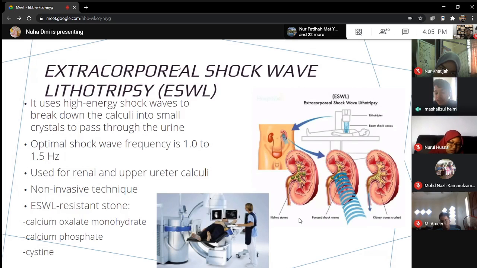It is a non-invasive technique, but some stones are resistant to this kind of intervention, such as calcium oxalate monohydrate, calcium phosphate, and cystine, because these stones have a very high density, which is more than 1,000 Hounsfield units. Hounsfield units are measured by using CT scan. Next one.